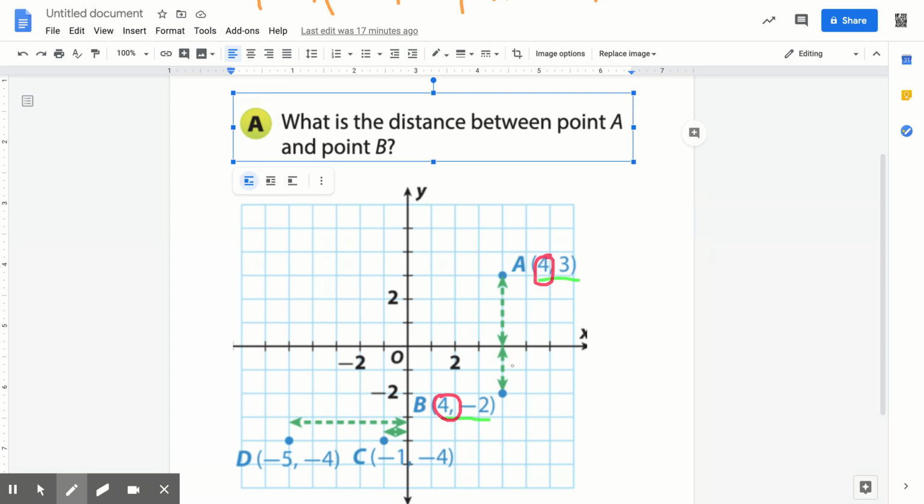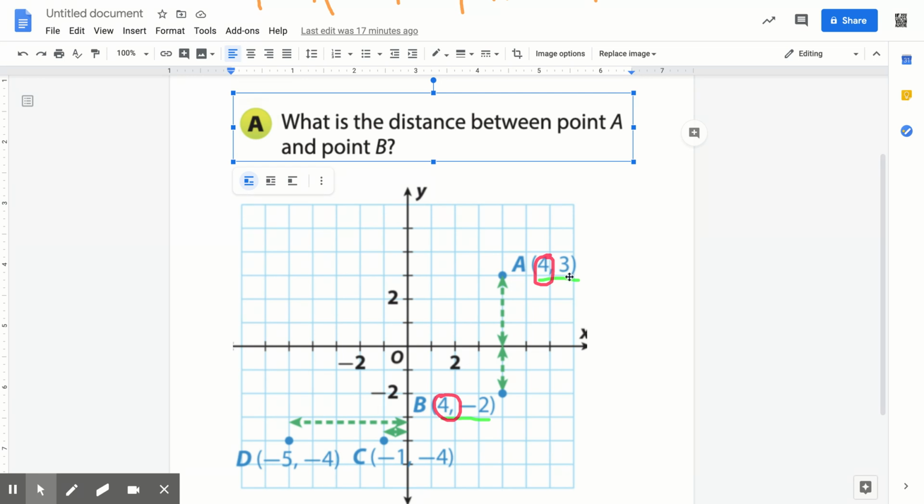So what we're simply going to do is find the absolute value of the y coordinates now. Since the x coordinates are the same, we're now going to find the absolute value of the y coordinates and then solve from there.